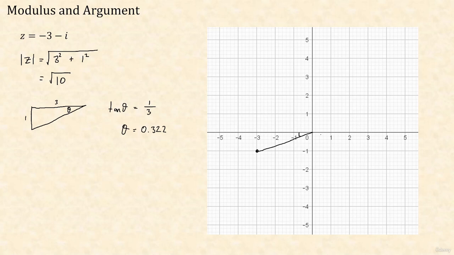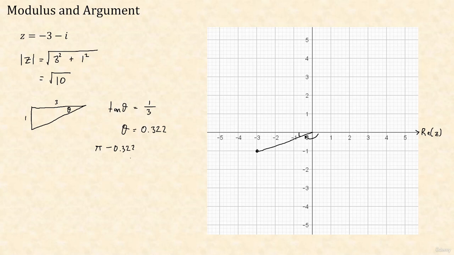But of course that's this angle. My argument is going to be always measured from the real axis over here. So my argument is going to be this, and I'm going to report it as a negative number since I'm below the real axis. So how do I find this angle? Well, it's just pi minus theta. So pi minus 0.322, so I work that out.